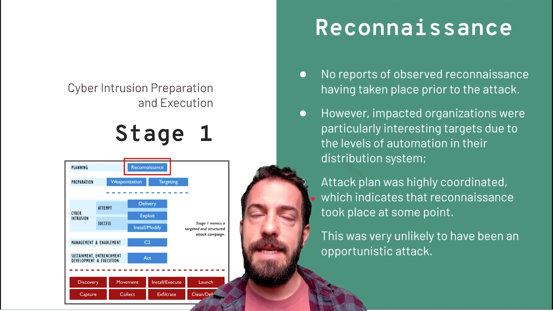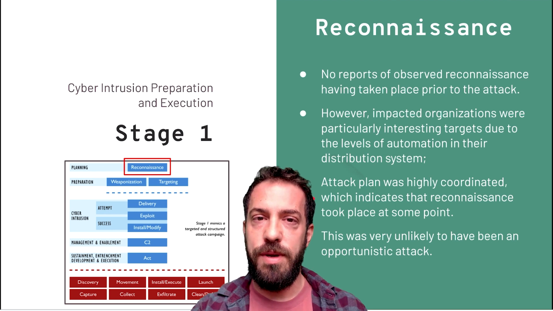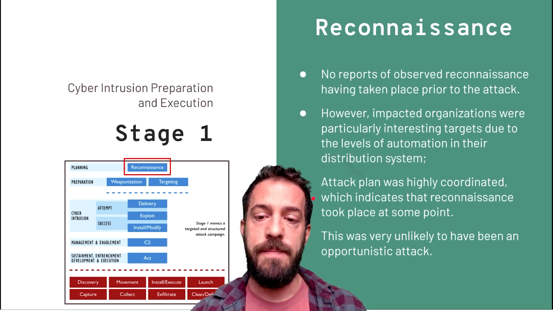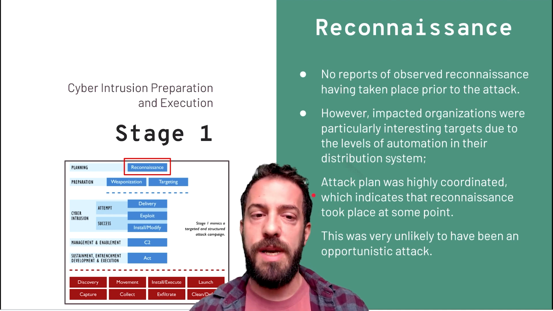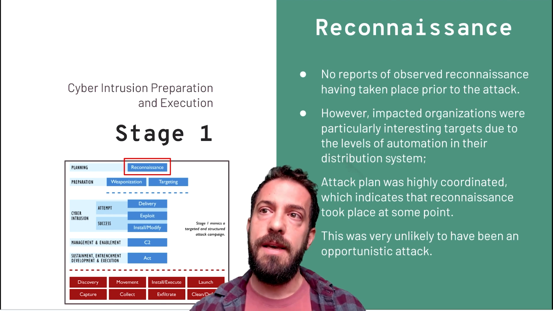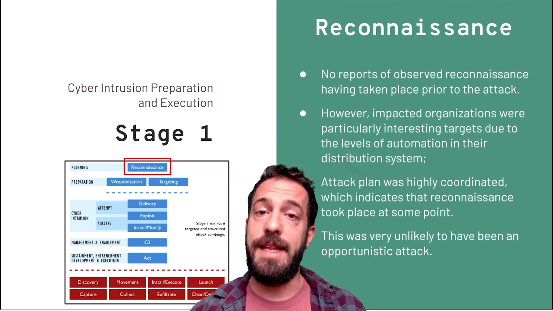And since at the end of the attack there was very high coordination between all the affected substations, that meant that reconnaissance took place at some point. Again, we understand that from the sophistication of the attack and the fact that all substations, more than 27, were affected at the same time.